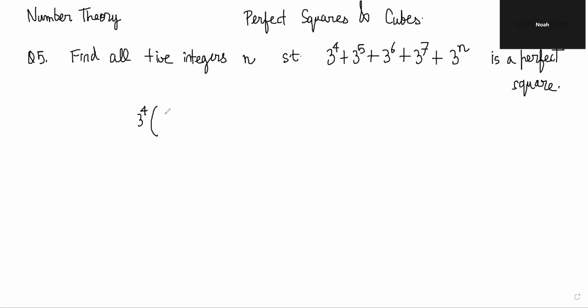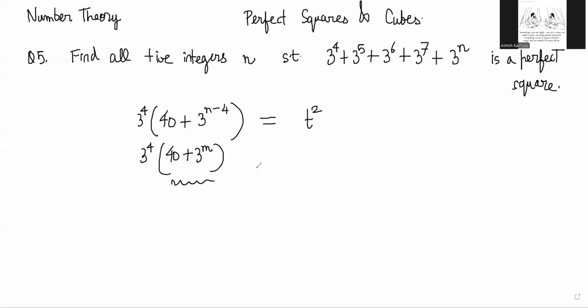That equals 40 plus 3 to the power of n minus 4. And I said just let 3 to the power of n minus 4 equal 3 to the power of m. Notice that 3 to the power of 4 is already a square, so you can just ignore that because you want to find where 40 plus 3 to the power of m is a square.